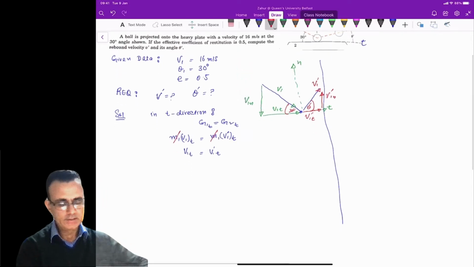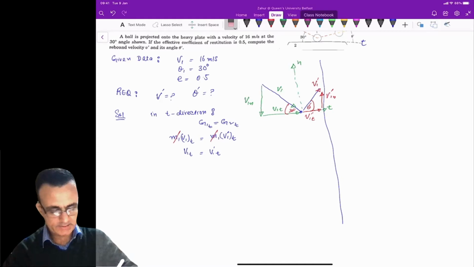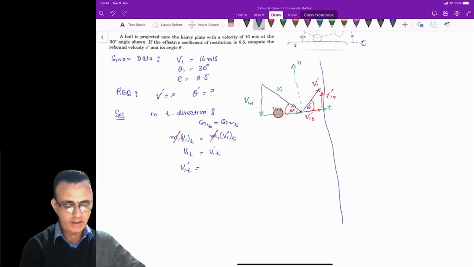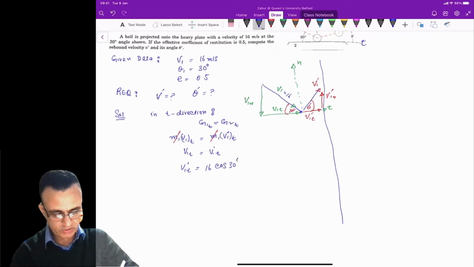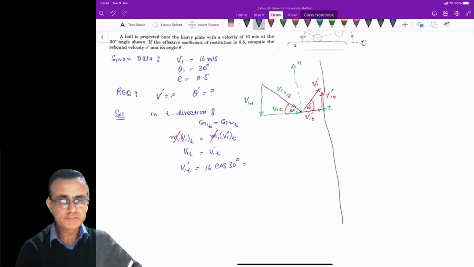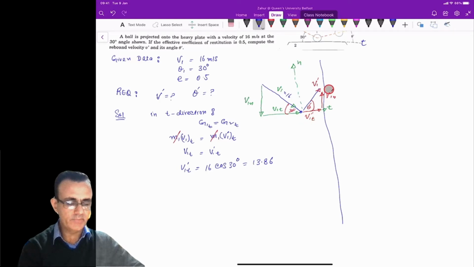So we can calculate v1 dash t, which is equal to v1t, and v1t we can calculate from here: 16 cos 30 degrees, which is 13.86. After calculating t, now we need to calculate vn, and for that we need another equation.